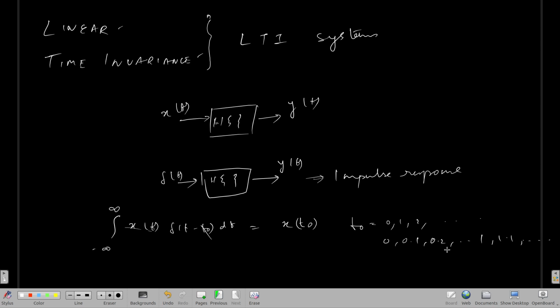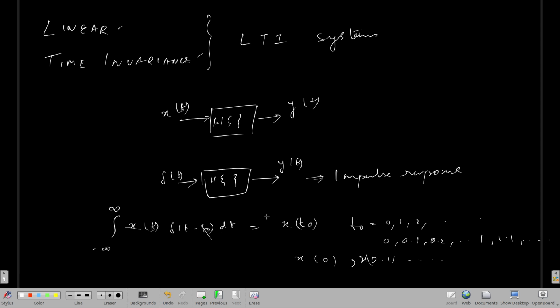If we do that, we get x of 0, x of 0.1, like that. So we can get the values of any function at any point of time by using this shifting property of impulses.